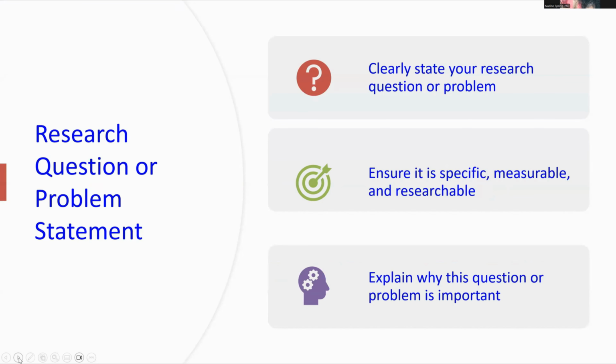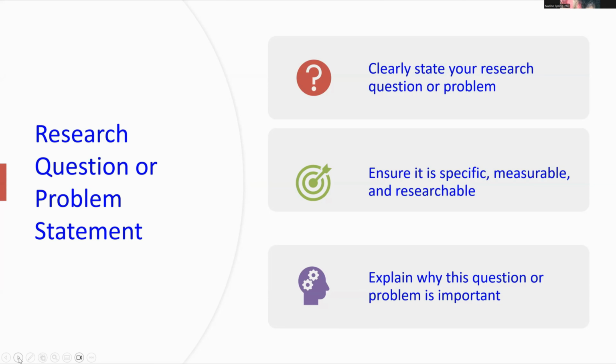So, in this part of the capstone, you need to clearly state your research question or problem statement. This should be a precise and focused question or problem that your project aims to address. Make sure that your question or problem is specific, it's measurable, and it's researchable.